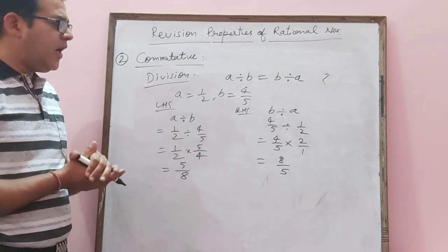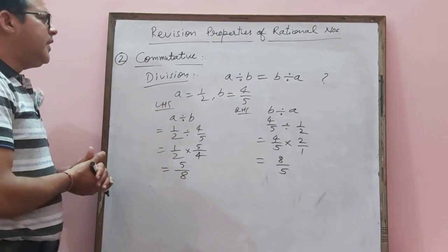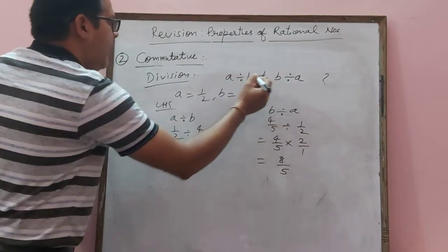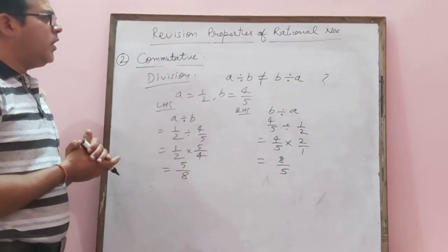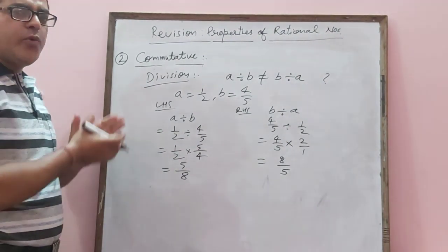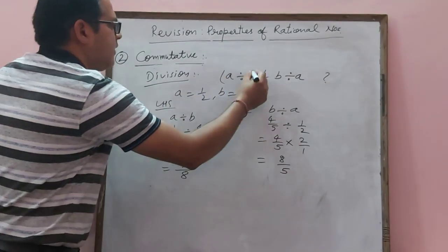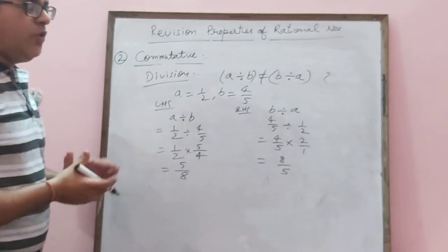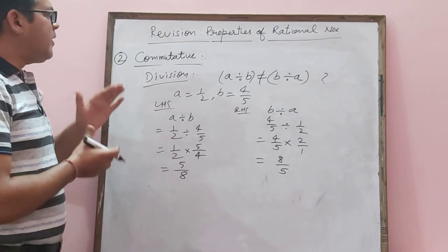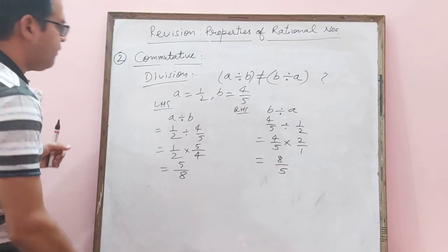Clearly the values are not the same. So we can say that this relation is not true. It means we can't say a divided by b equals b divided by a. It is not true. Hope you understand clearly. You can take any example to check this relation and you will get the same result. So we can say that division of rational numbers is not commutative. Hope you understand.